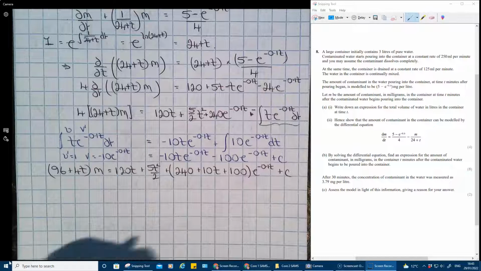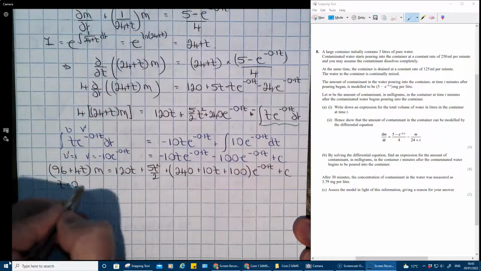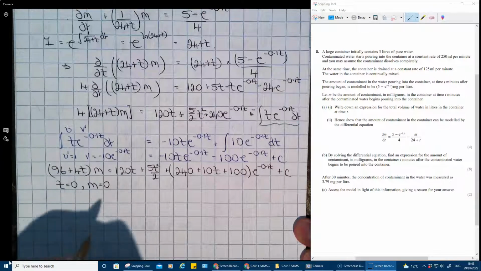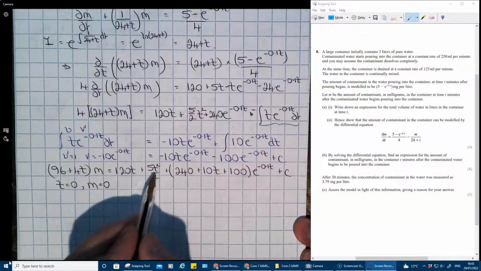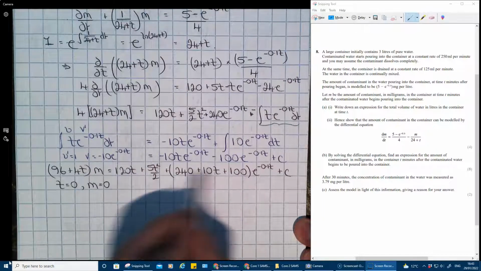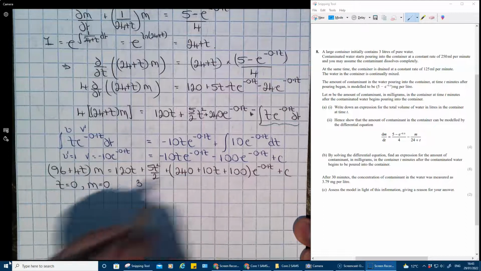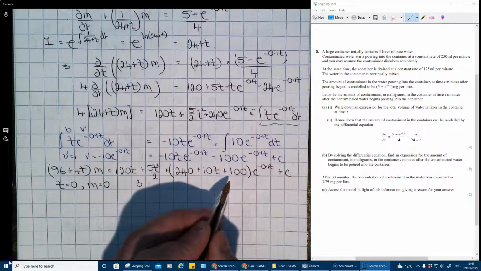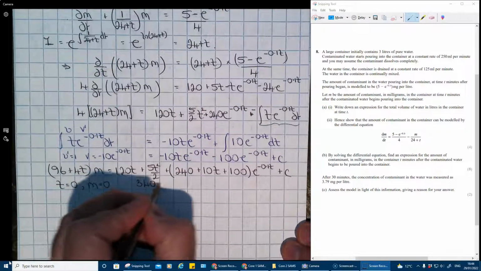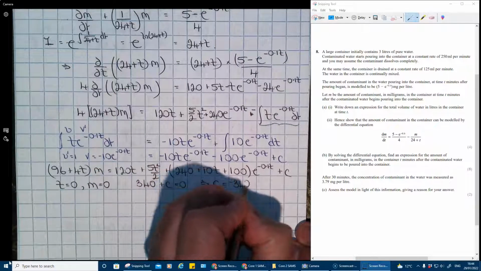Okay. So what I've got to do, I know that at t equals 0 there's no contaminants. I'll plug that in: 0 here, 0, 0, 340 times 1 plus c, so 340 plus c equals 0. So c is minus 340.